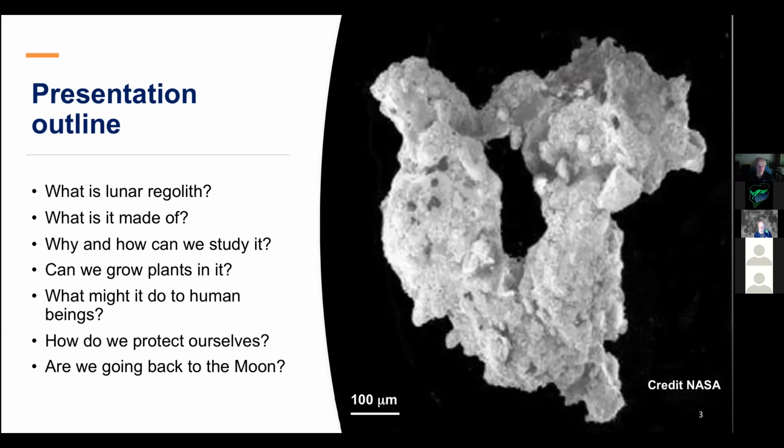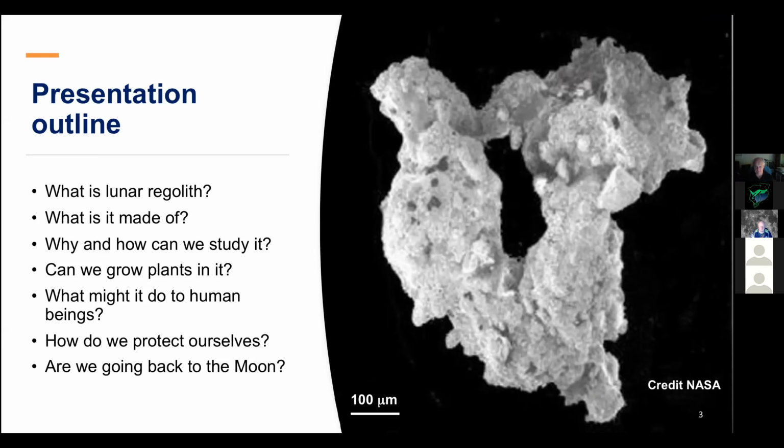So as an outline, what I'll go through for everybody is, what is lunar regolith? There are probably experts amongst you that know it already, but for those who don't, I'll just describe it. What's it made of? Why do we want to study it, and how can we study it? And can we grow plants in it?